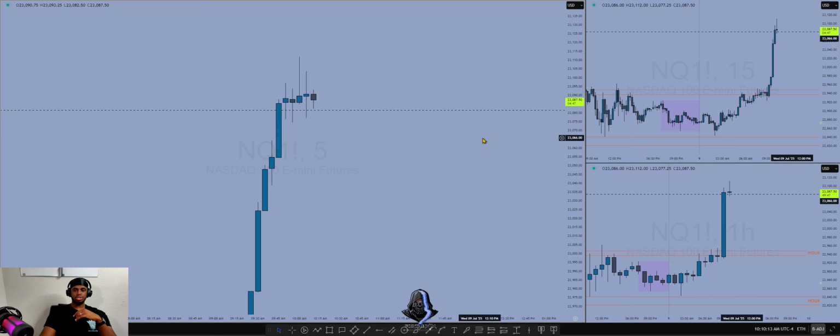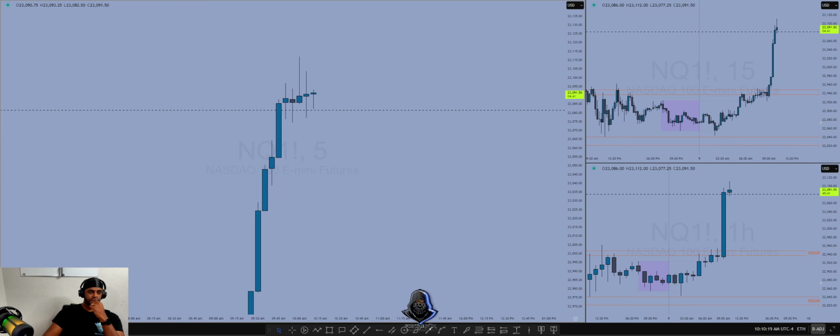I just have these two screens on my laptop, and I have these two screens bigger. I'm looking at one or the other, but I'm also looking at gold.